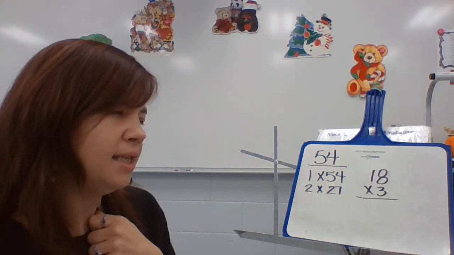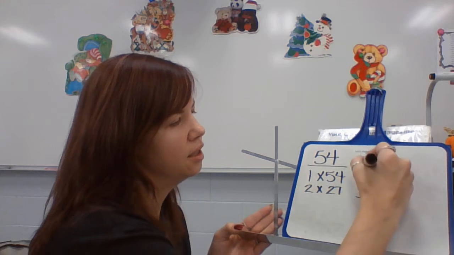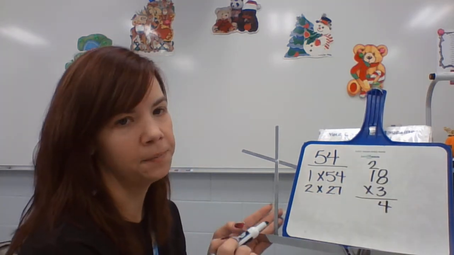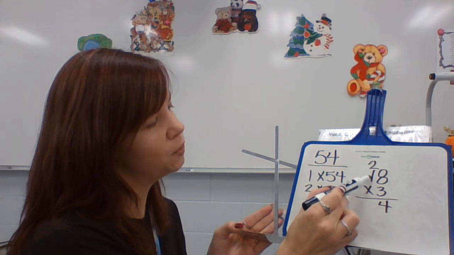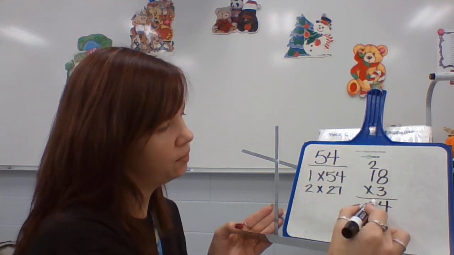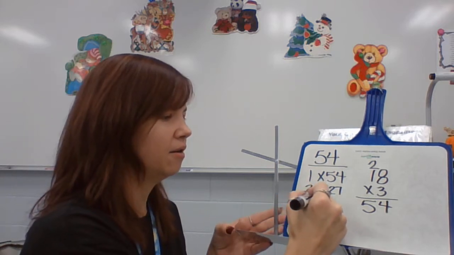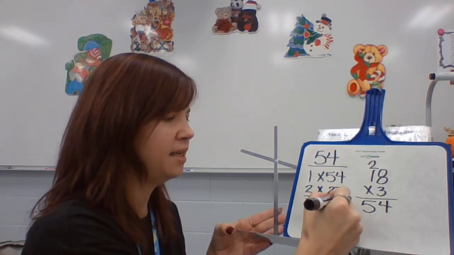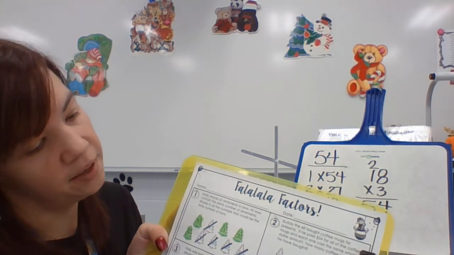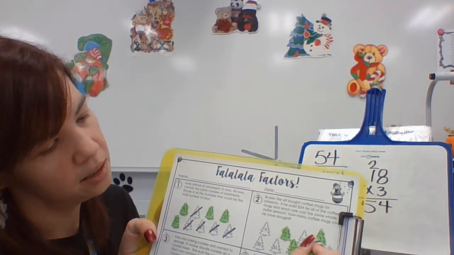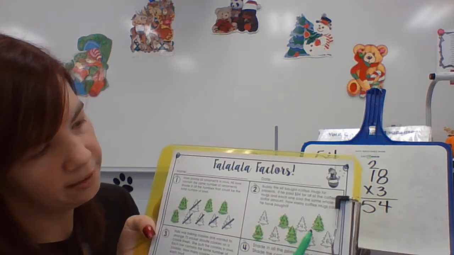All right, 8 times 3, again, you can use your multiplication chart. It's 24. Multiply 3 times 1, which is 3, and we add the 2, which is 5. And I happen to get 54. So 3 times 18. Awesome. Okay. So I'm going to color in my 3 and my 18.